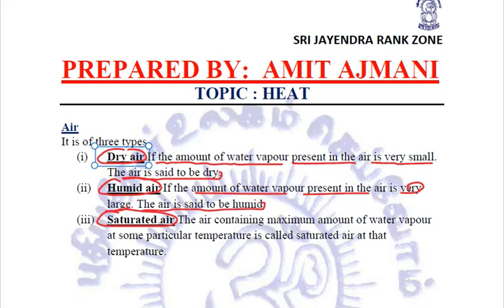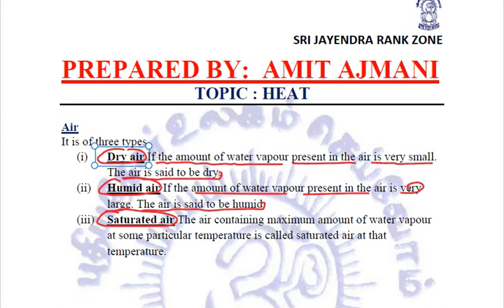When we talk about very large, we are not taking any fixed figure, whether it is 90% water vapor in the atmosphere or 91% or 94%. It's simply generalized. If it is more than 80-85%, we say that it is very humid air.